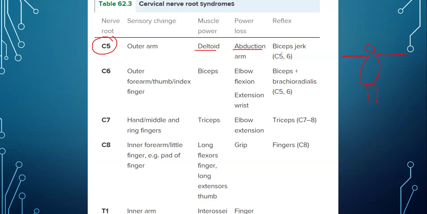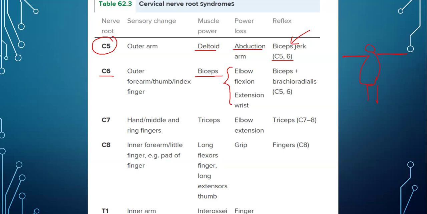okay? And C5, C6 gives the biceps jerk. C6 mainly supplies the biceps, and this C6 also helps with elbow flexion and wrist extension.